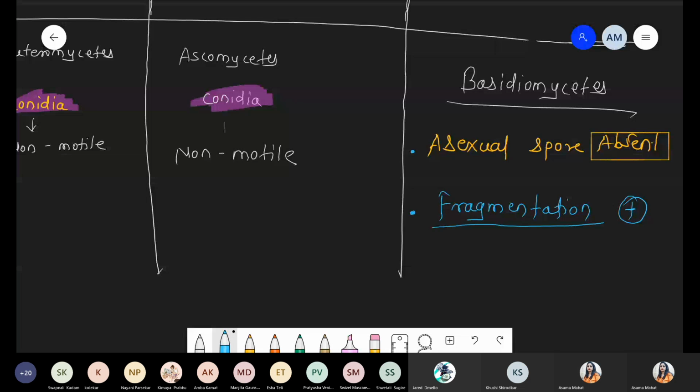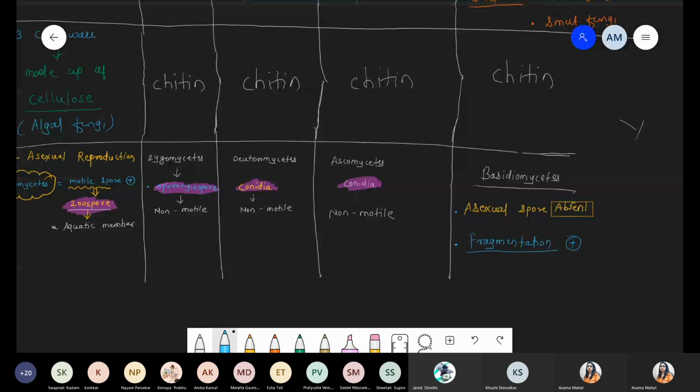Okay, very simple. Next point, we are talking about the sexual mode of reproduction. Just draw one line.